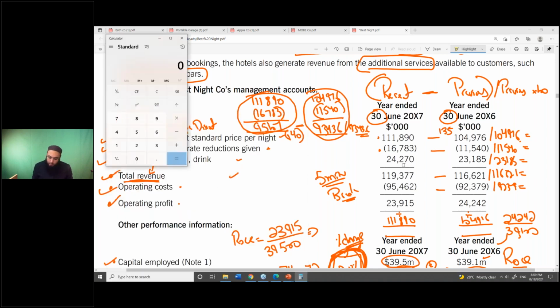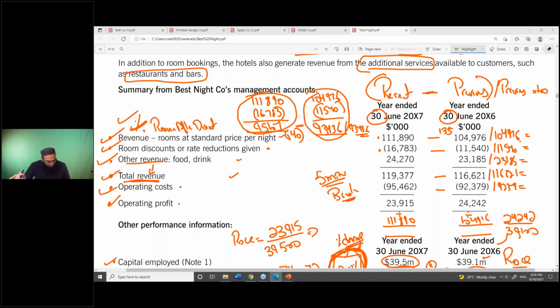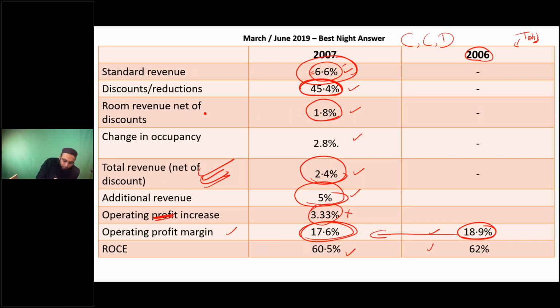It's 95,462 minus 92,379 divided by 92,379. Okay, that's 3.33%. It's operating cost increase. So that's fine. Operating cost increases by 3.33%.